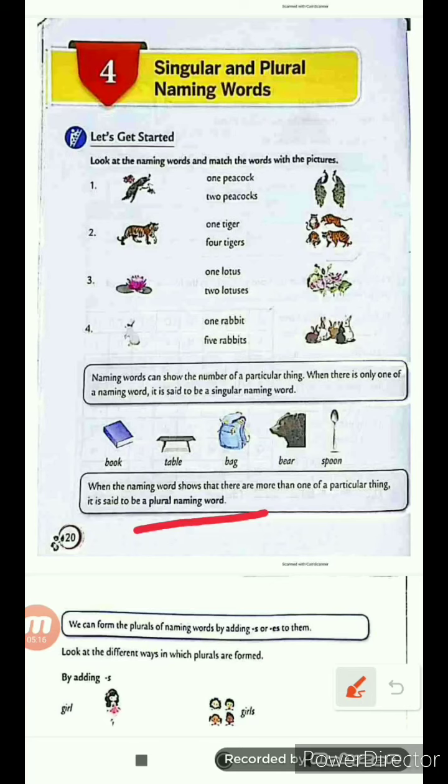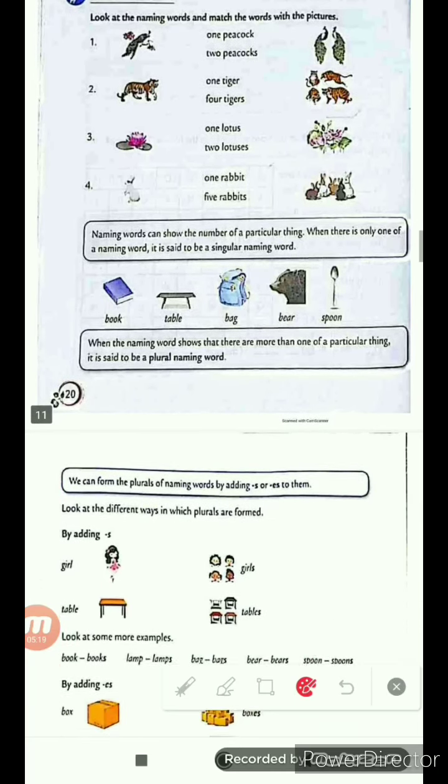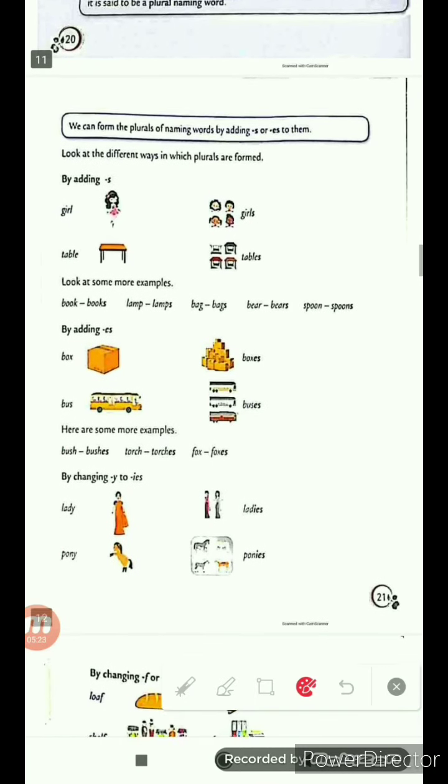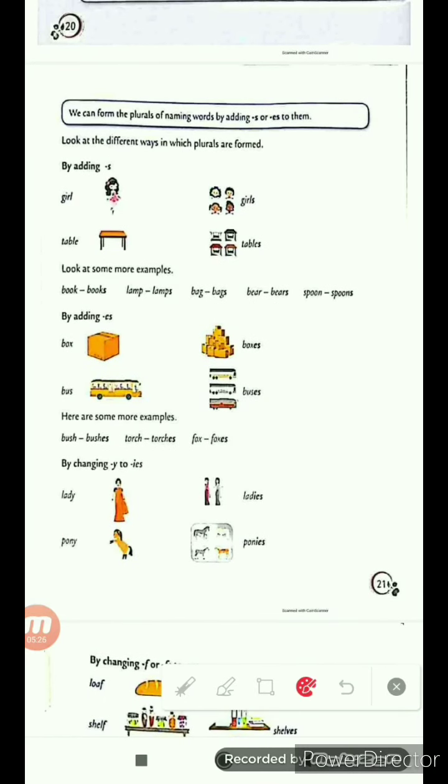Let us see. Look at the different ways in which plurals are formed. By adding s. So now we are going to make plural words by adding s. Here you see the picture, that is girl.